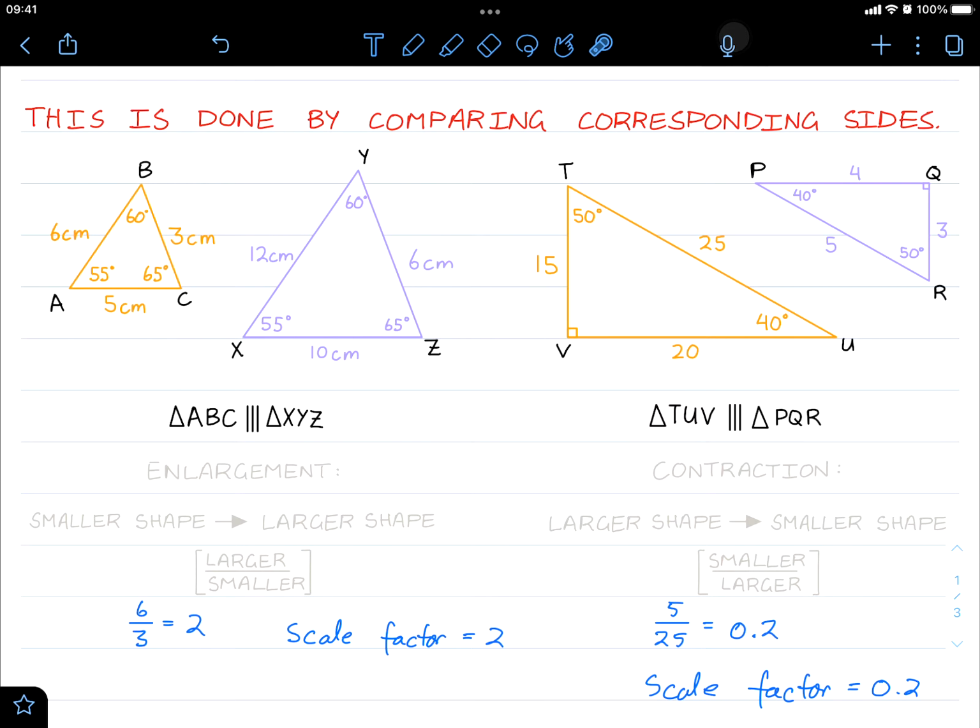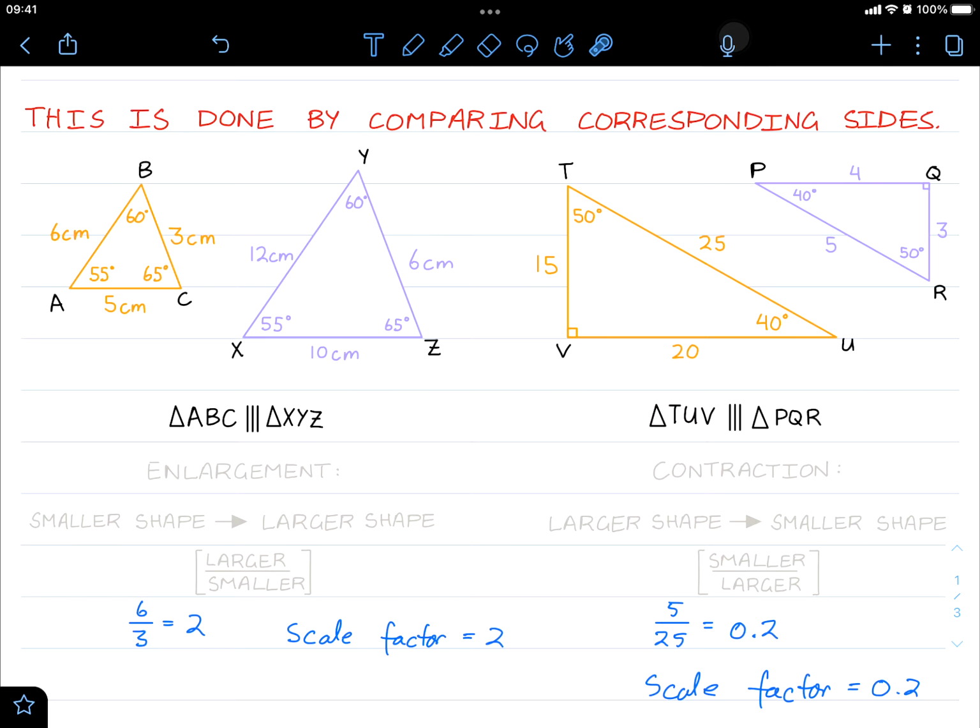That is an enlargement. In this case, large to small, that's a contraction from orange to purple. So it depends in the direction which you're doing the calculation.